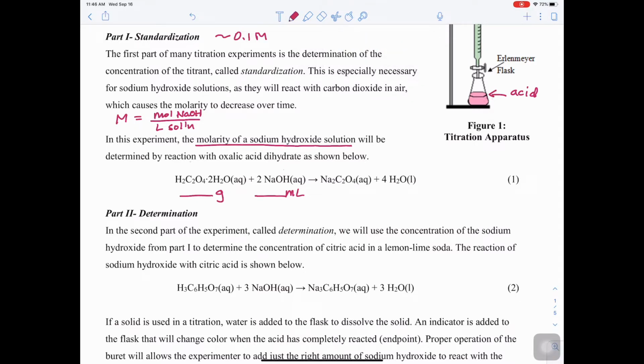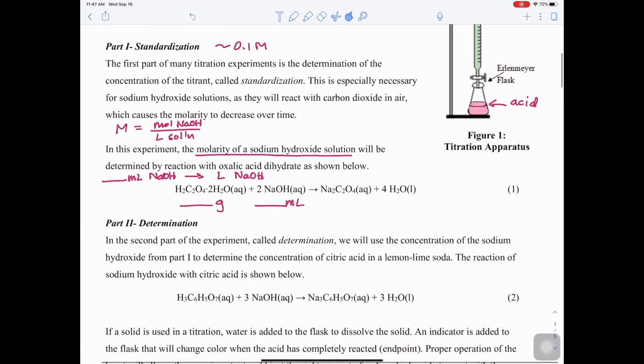So we'll take our milliliters of solution, sodium hydroxide solution, and we'll convert that to liters of sodium hydroxide. And this number will go in the denominator here. To find the moles of sodium hydroxide, we'll start with the grams of oxalic acid.